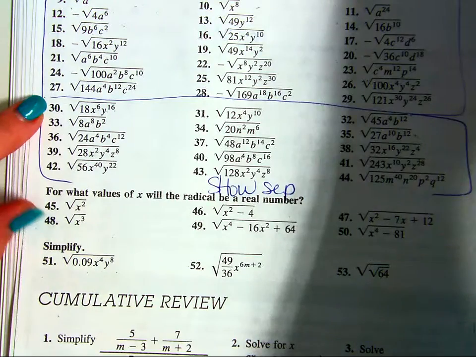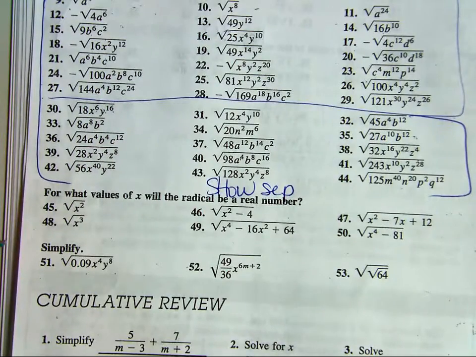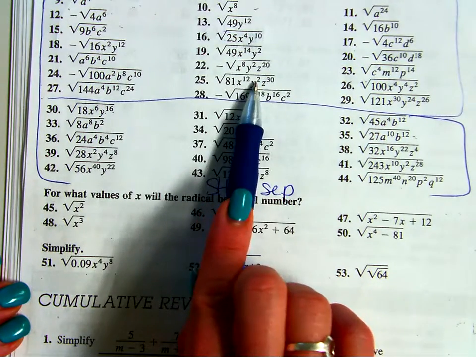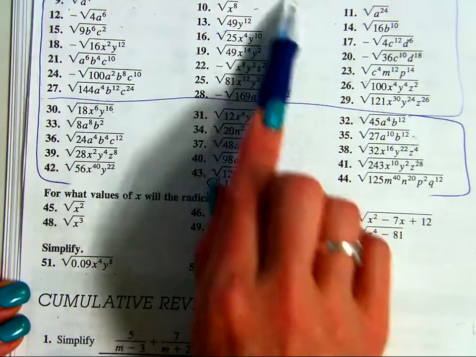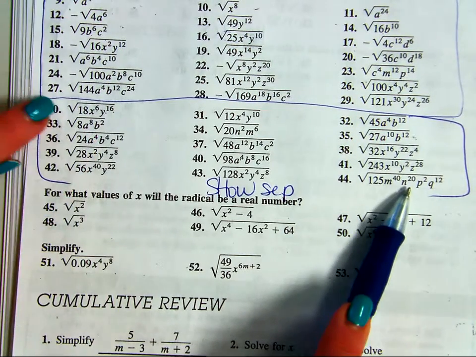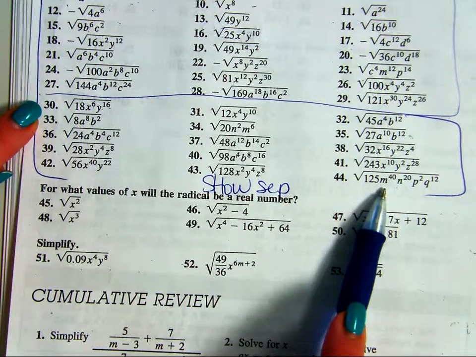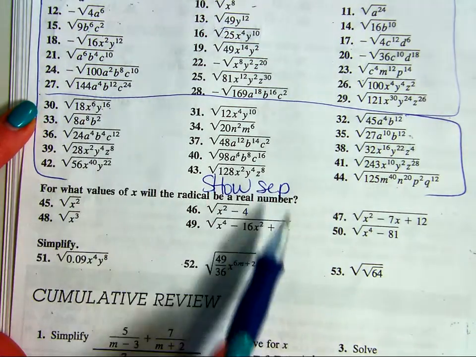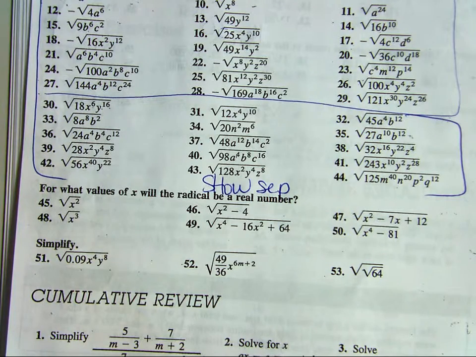So tomorrow when I check, I don't really feel the need for you to copy this problem on a separate sheet of paper just to write the answer right next to it when you can fit it there. However, you are going to have to show your work separately for this section. Do you understand what I mean? Do I want all this work crammed in this tiny space tomorrow? No, I won't even look at it. I want to see it nice and neat.